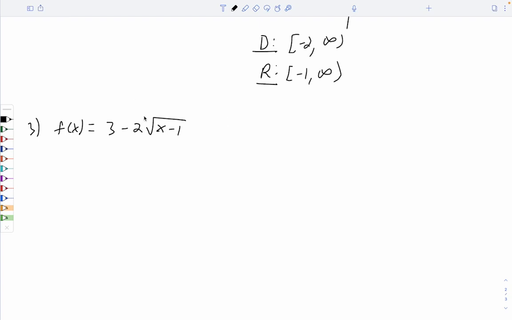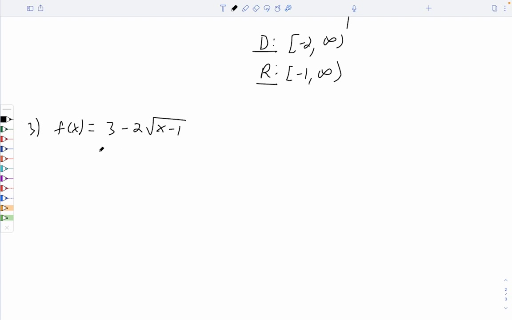The reason I wanted to do this is because this one tends to trip people up, right? So here's my square root. The a value is the number attached with multiplication to it. So the a value is the -2, okay? The h value would be this inside here, which makes the 3 the k value, right?